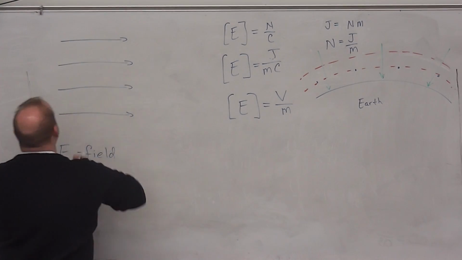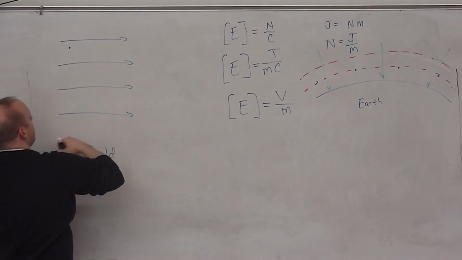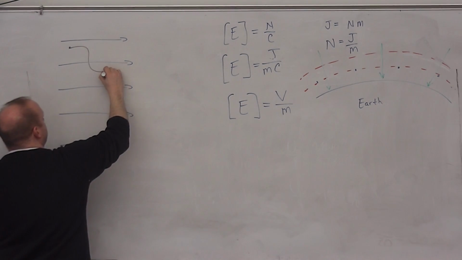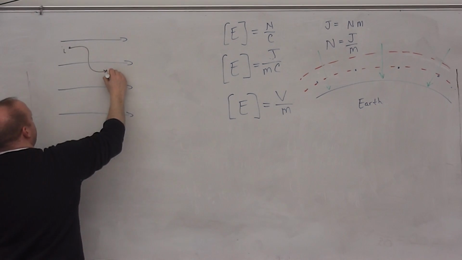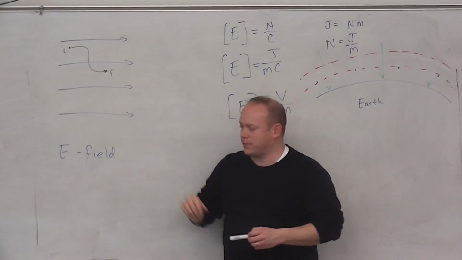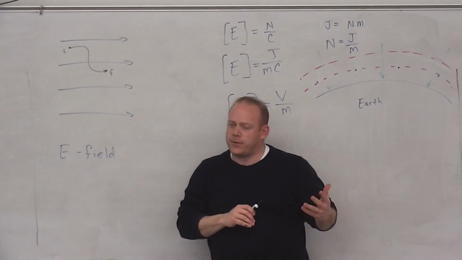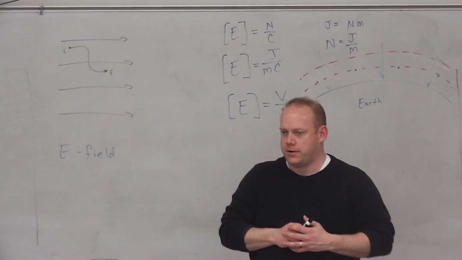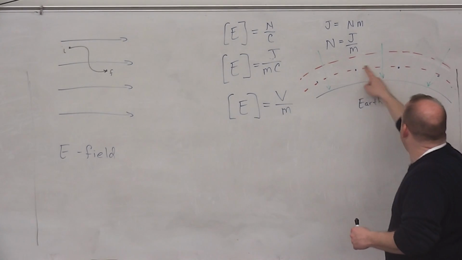If I start off here, and I go to here, somehow, from my initial point to my final point, I've moved along with the electric field. The electric field has done work on it. Anywhere along here, the gravitational field hasn't done any work.